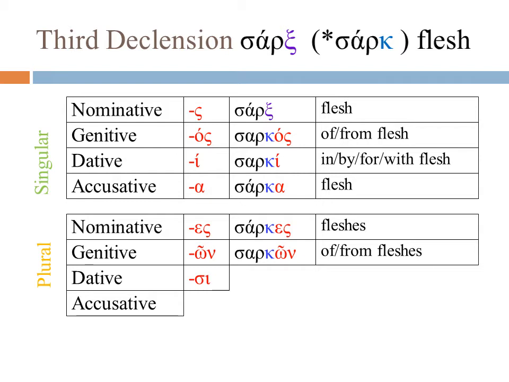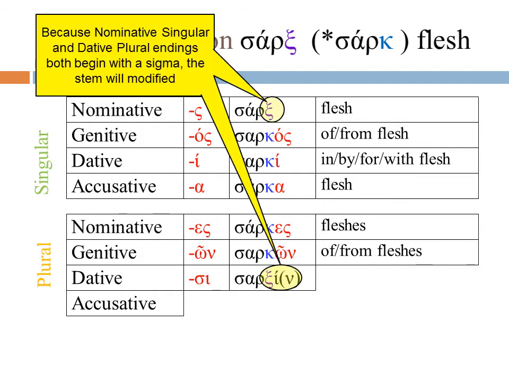Sigma iota, and you're going to see this has the same qualities that the nominative does. That is, it begins with a sigma, so things are going to happen. And we're going to get sarxi with a movable nu, sarxin. And one of our rules is, because the nominative singular and dative plural endings both begin with a sigma, when they merge with a stem, the stem will be modified usually.